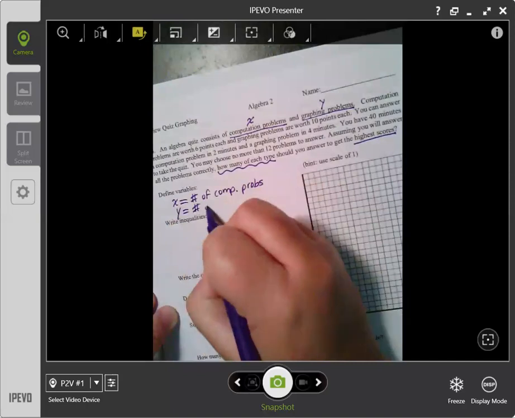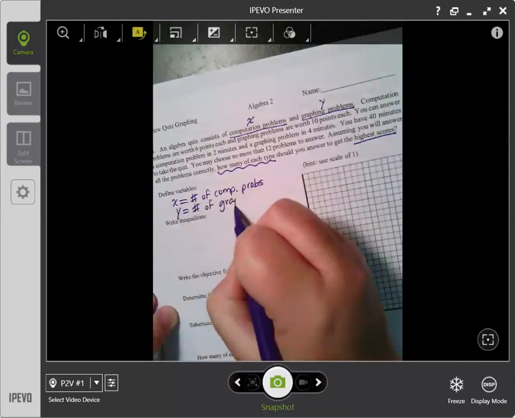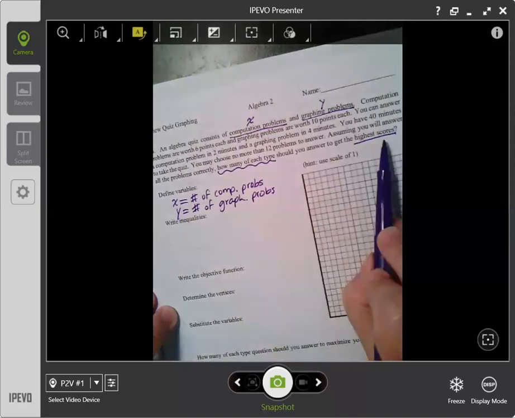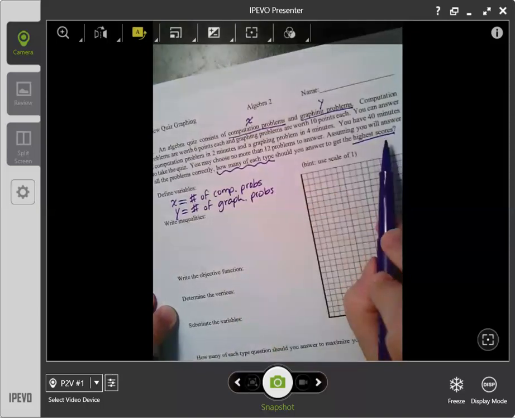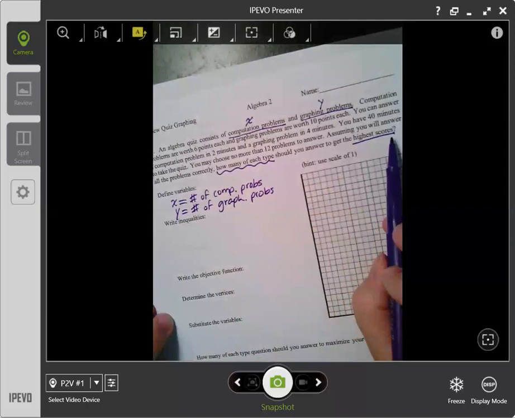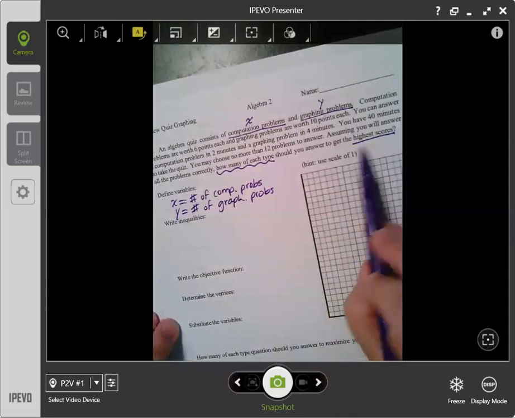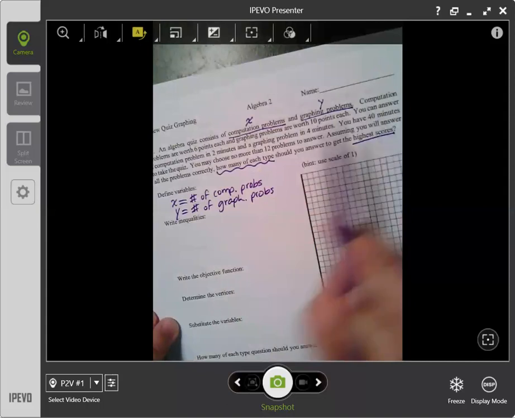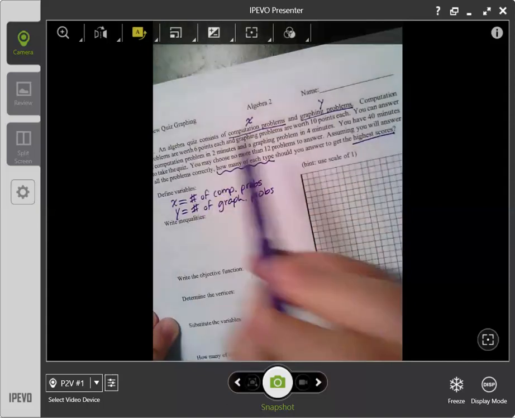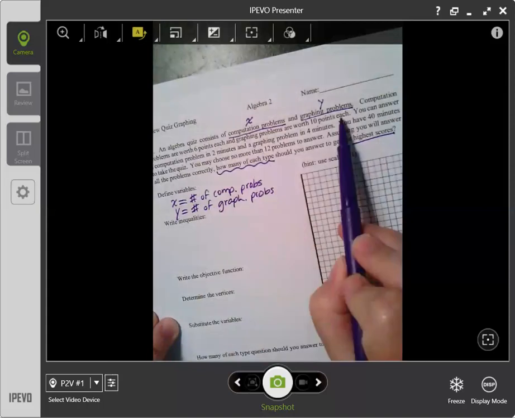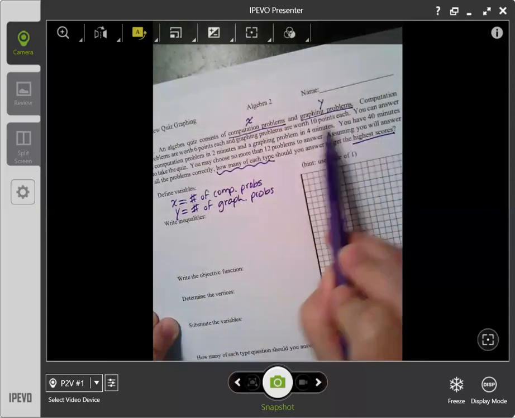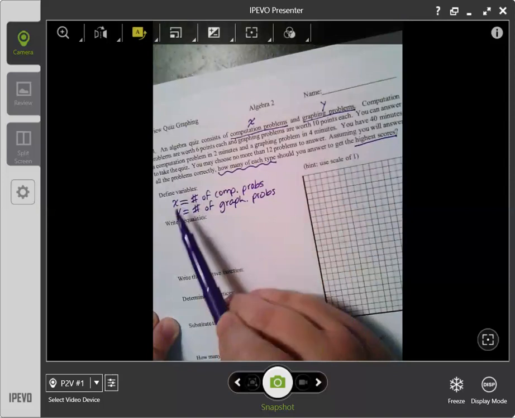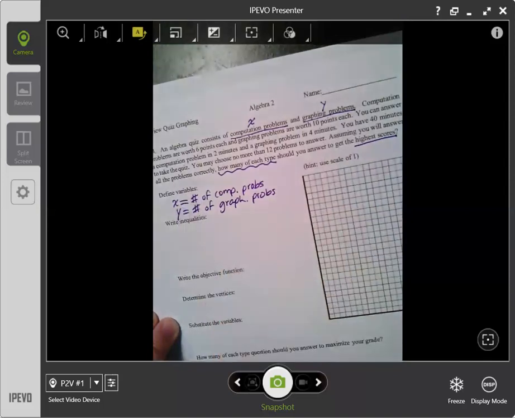And if I knew that, then I could plug it into my objective function, which is going to be a function that tells me the score. So now I need to figure out what that function is. How would I figure out the score? Well, computation problems are worth 6 points each. Graphing problems are worth 10 points each. So if I knew how many computation problems I had done correctly, I could do times 6 points.